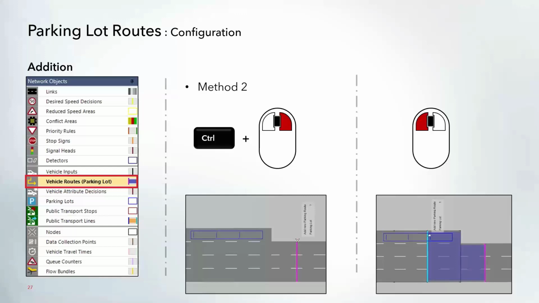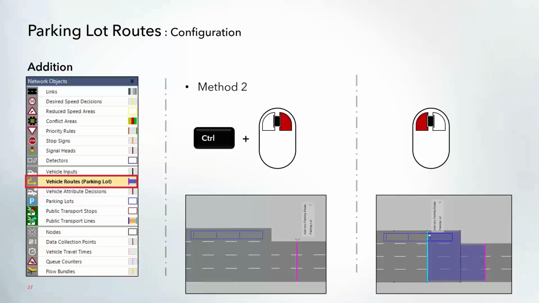In either case, from here, you can left-click to place the routing decision on the object for the parking lot. That's going to place that blue endpoint and assign this lot to this routing decision.